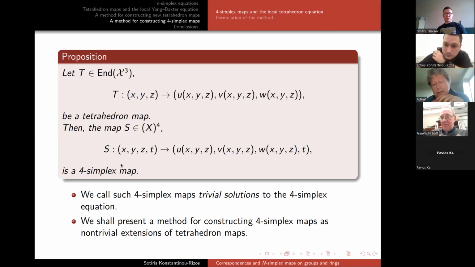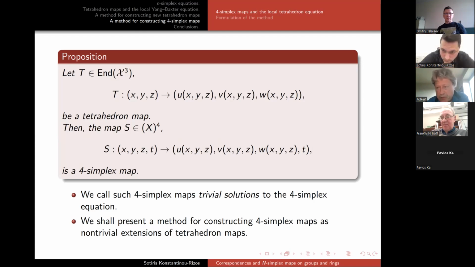Let me get this straight. Are you speaking about a relation between the tetragon equation and the pentagon equation? No. If you take a matrix factorization problem, then you can sometimes obtain a map that is pentagon, and some other times, sorry, not tetragon, but the Bazhanov-Stroganov equation, I should say.